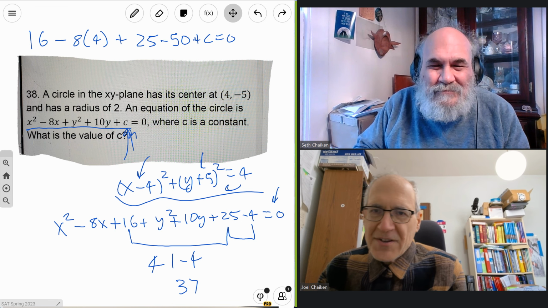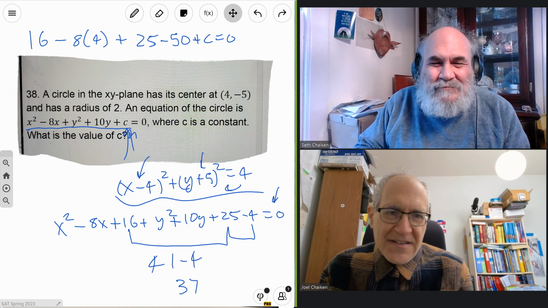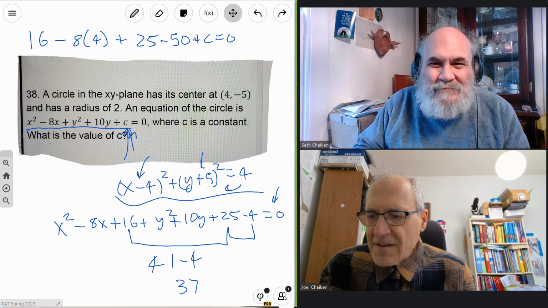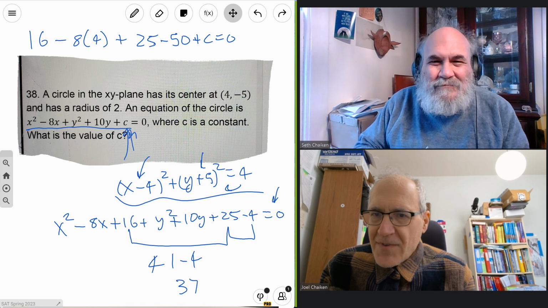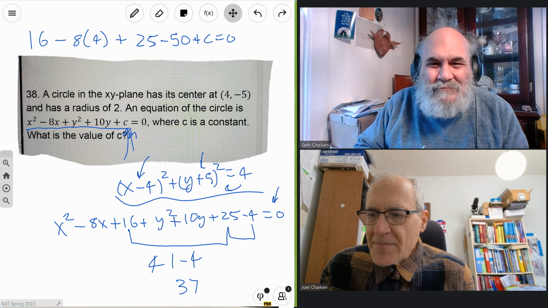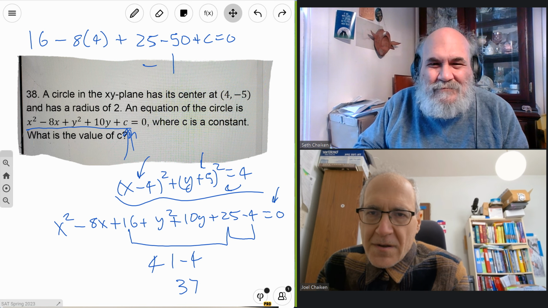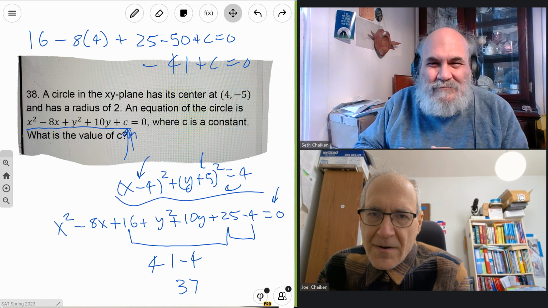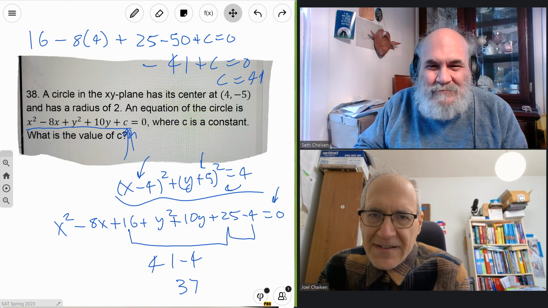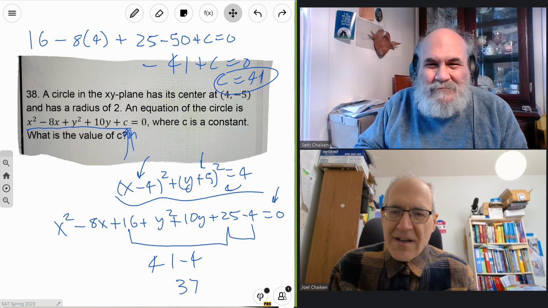That's more calculating. 16 minus 32 plus 25 minus 50 is -41 plus c is 0. c is 41. Wow, we got the same answer using two methods.